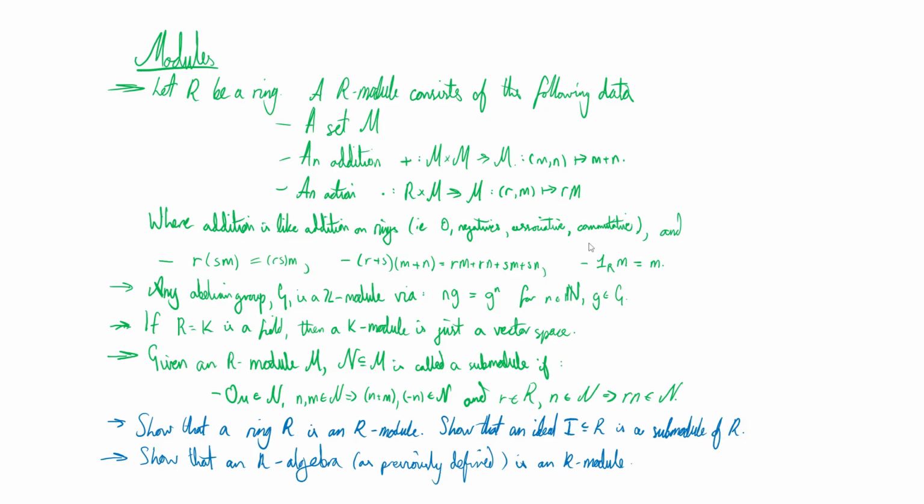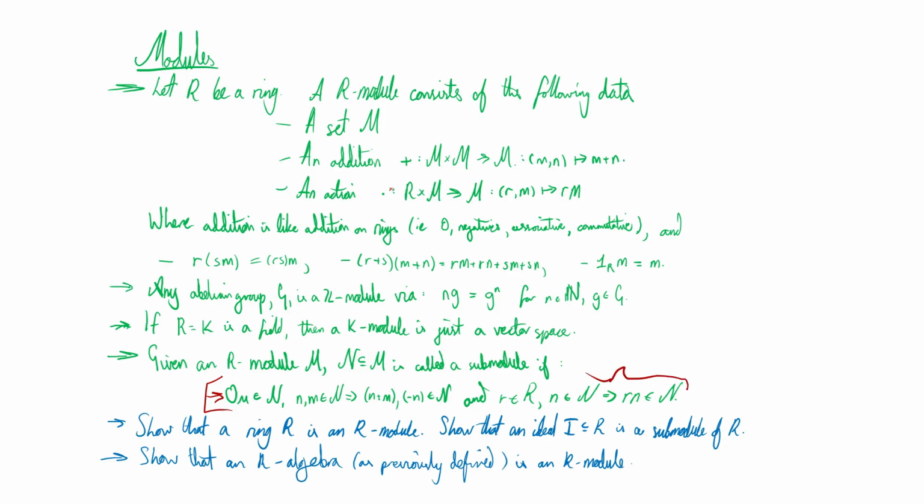But given an R module, a submodule is, well, a module which is contained precisely within it. It's a module which has the same 0, and also the same addition. And also you can't get out by the action.